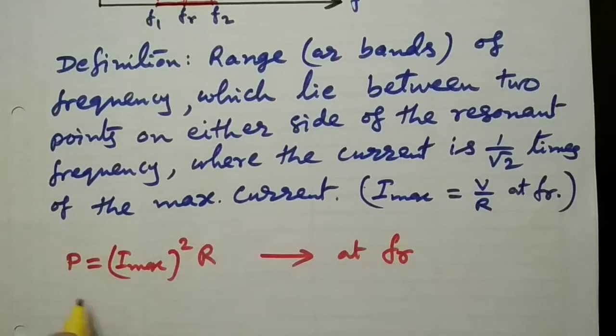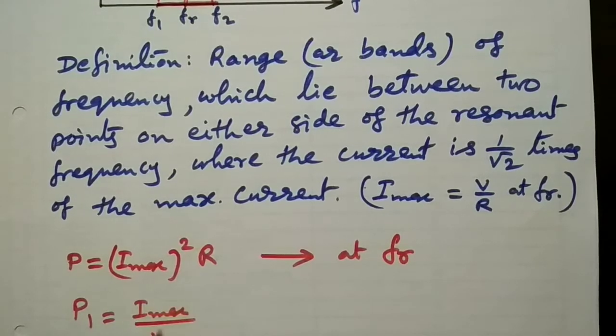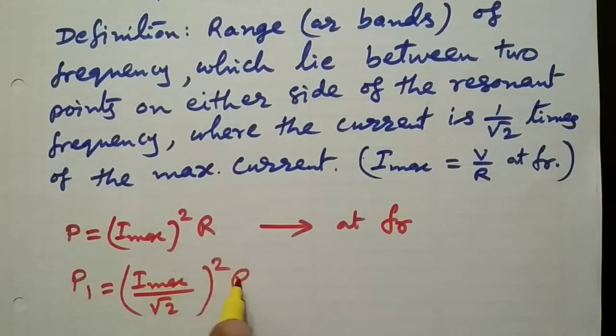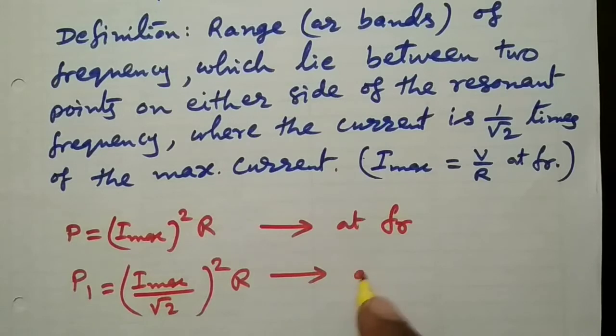Now when the current is Imax by root 2, the power will be (Imax by root 2) square into R. This is at F1 frequency.